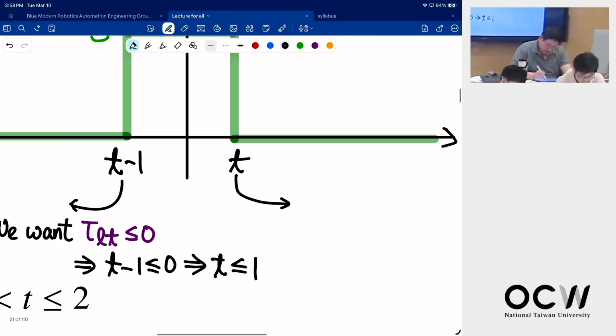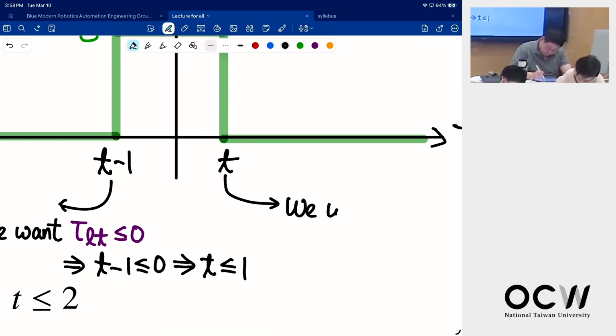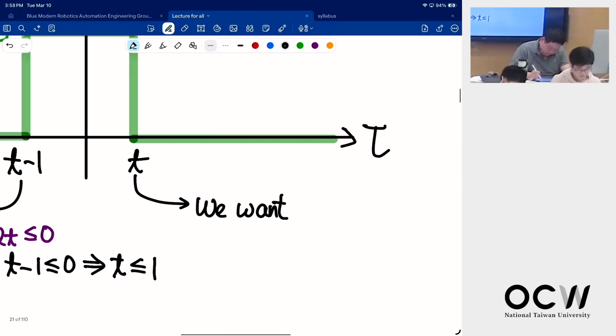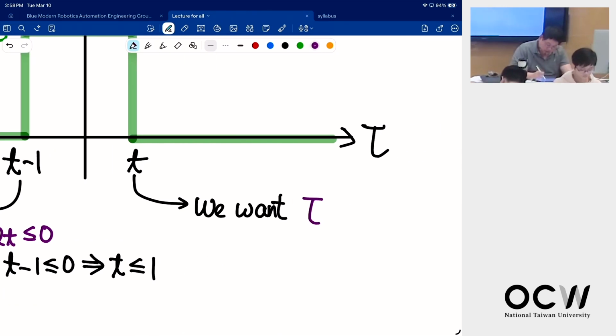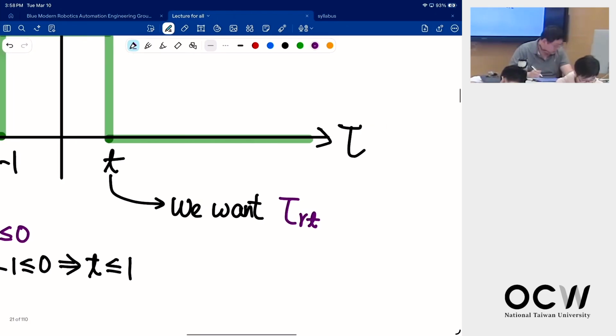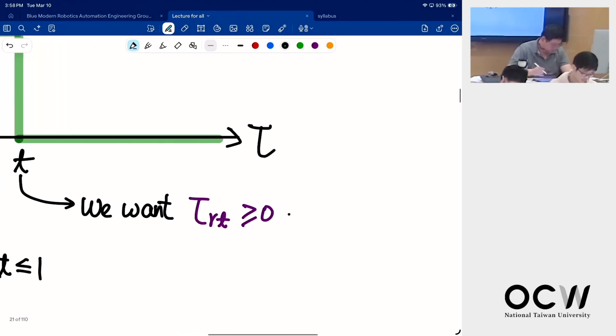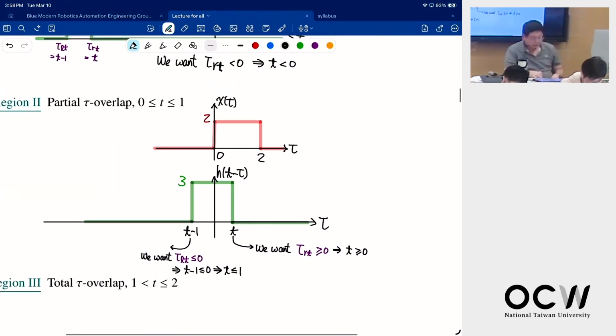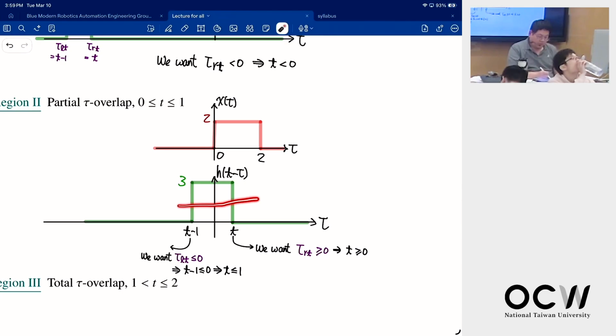And here we want tau right t greater than or equal to 0, so t should be greater than or equal to 0. That's why with a partial overlap, t should be between 0 and 1. They're still moving.